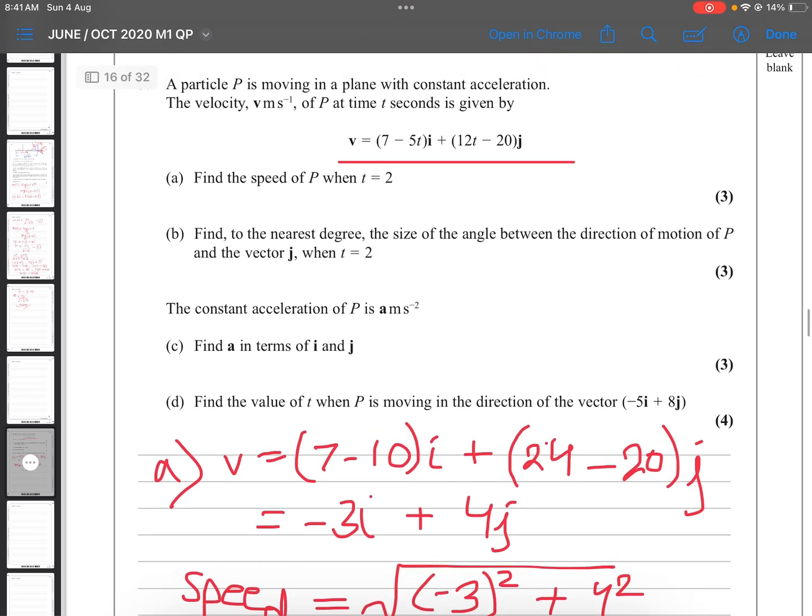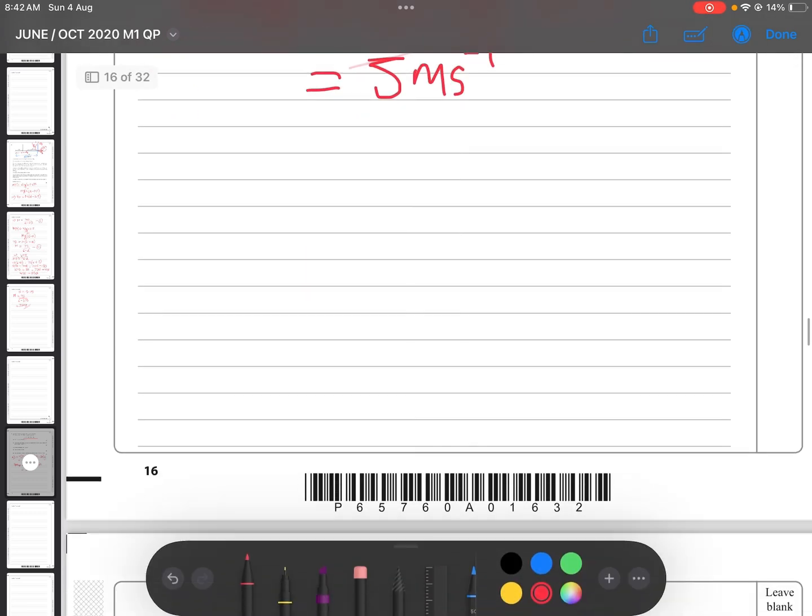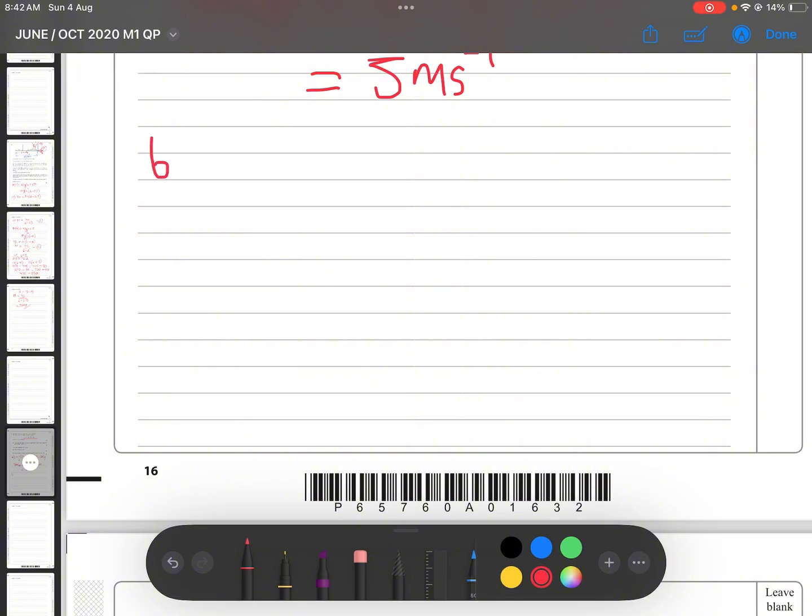Now part B says find to the nearest degree the size of the angle between the direction of motion of P and the vector j when t is equal to 2. Now with part B, let's first draw a rough diagram. Direction of motion of P means the velocity. Let's consider the angle between the velocity vector and the vector j.